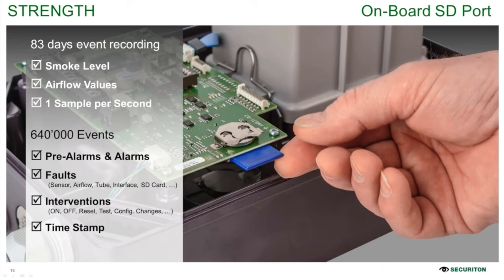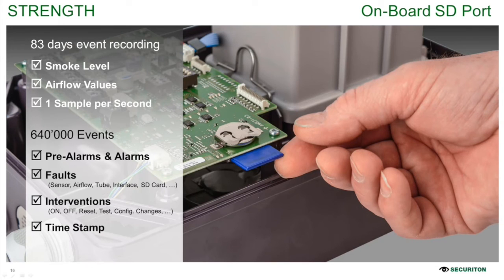Now, additionally, we also have the SD card, as I mentioned. The SD card is separately procured. As mentioned earlier, we have 1,000 events which are stored in this ASD. Additionally, if you need more information, 640,000 events are stored on this SD card, where you can get all this information such as pre-alarms, alarms, faults, the intervention, the timestamp, who logged in, and who switched it on and off, all this information.